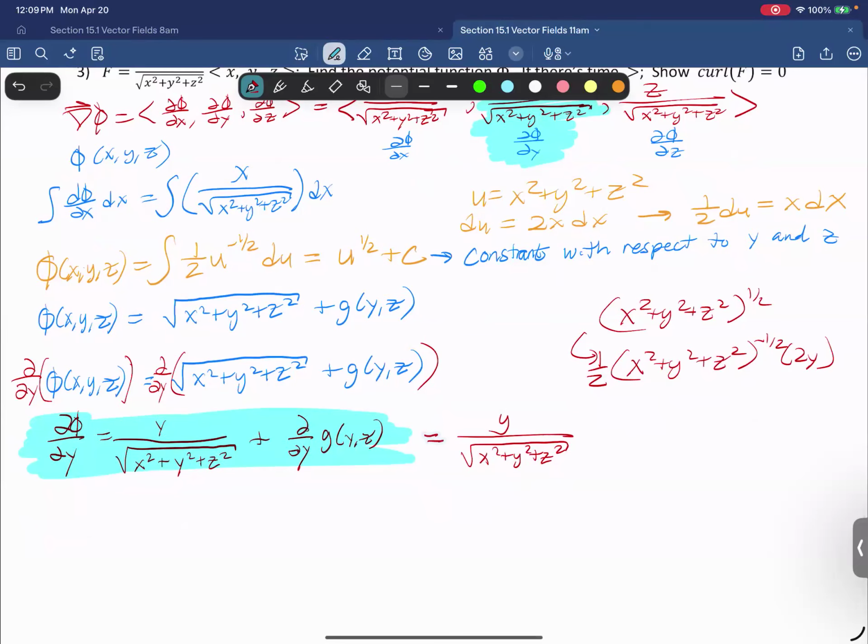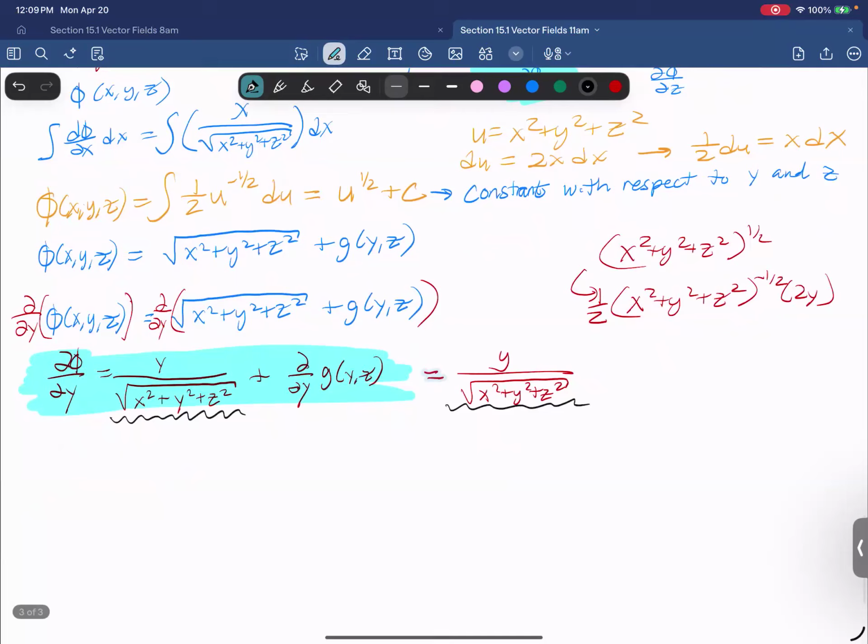And we can see this is present on both sides. So if I subtract it out, I have d dy of g of y, z equals 0.